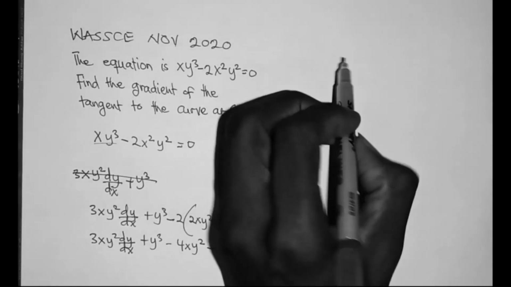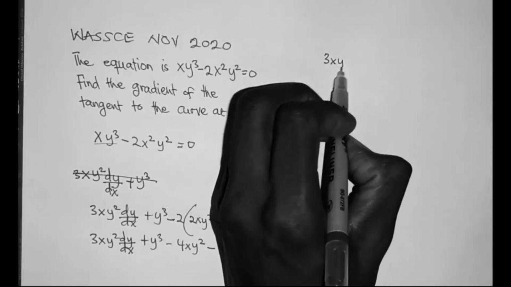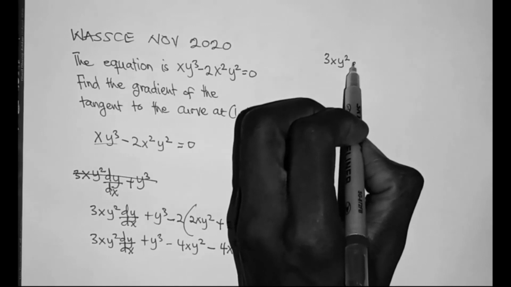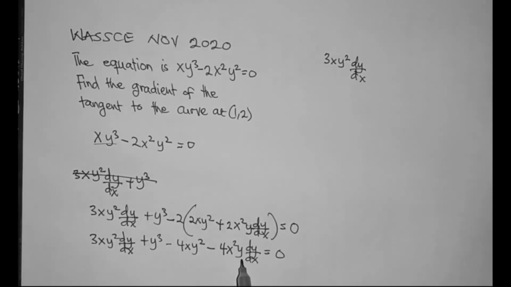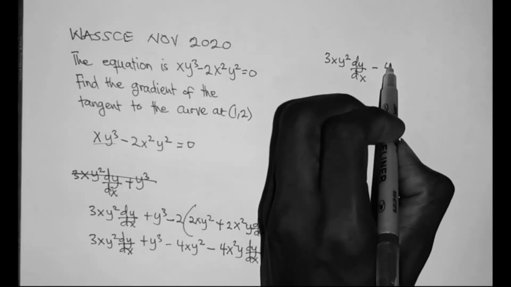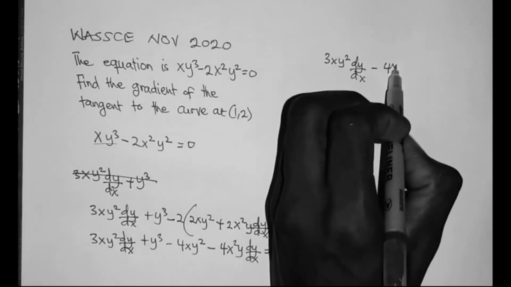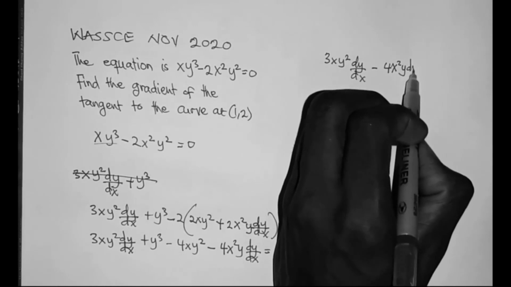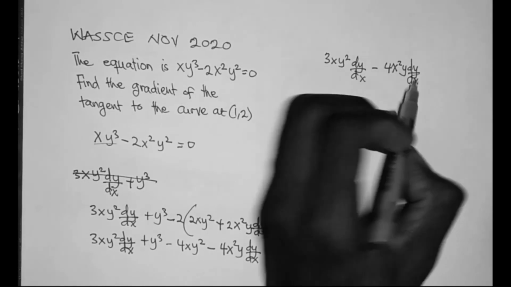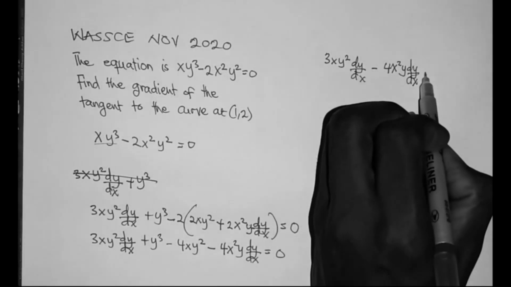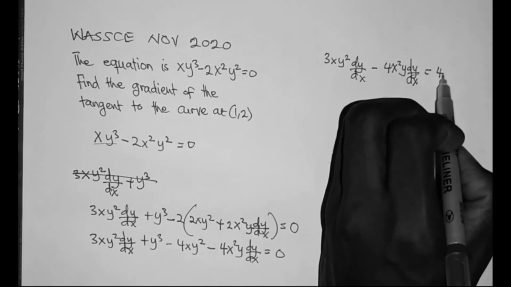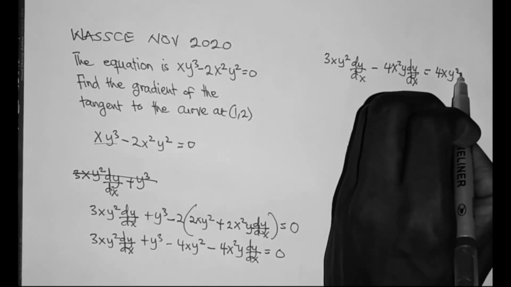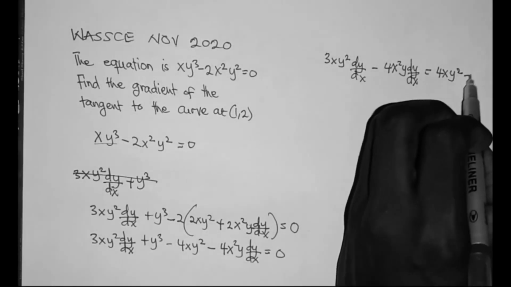So this becomes 3xy^2 dy/dx minus 4x^2y dy/dx is equal to, and you bring this term across the equation to give 4xy^2 minus y^3.